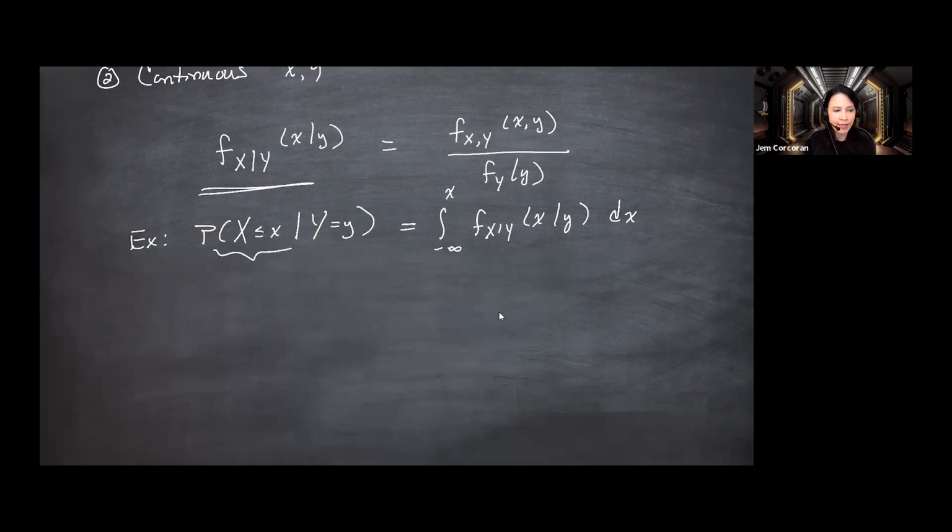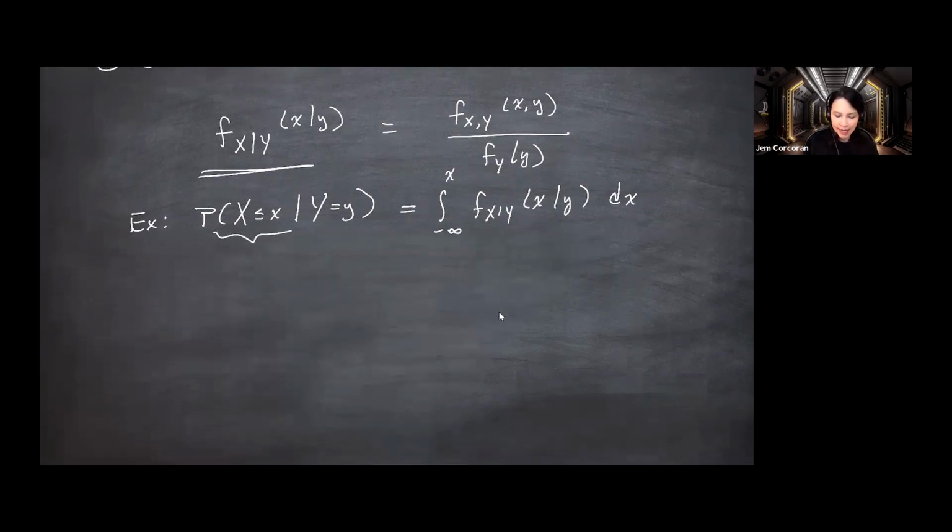And just one more quick example before we get on to the real things from today. We can talk about conditional expectation. So the expected value of x given that y equals y is just going to be the integral of x against the PDF for x given that y equals y.